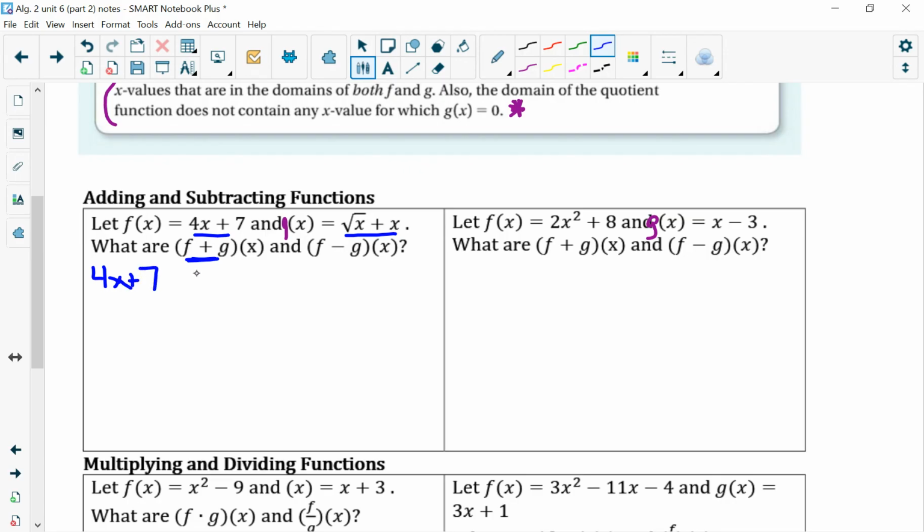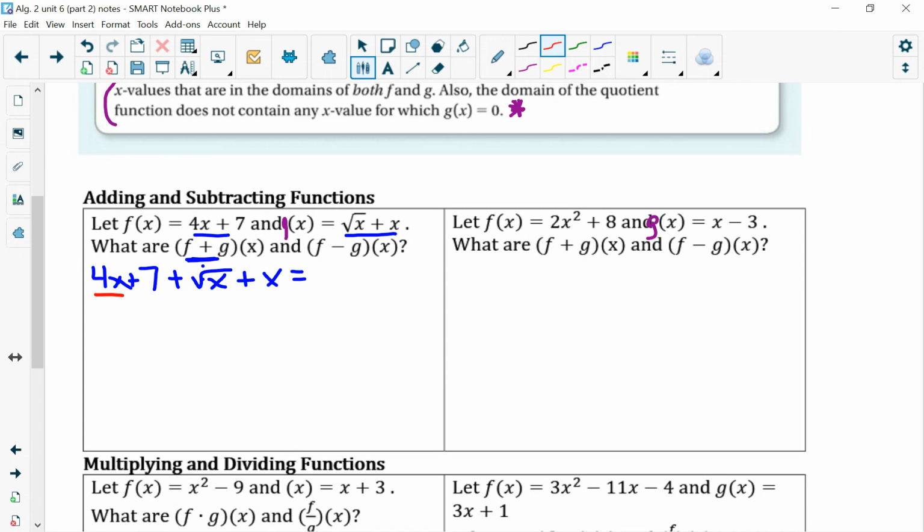There's my f function, and then I'm going to add to it my g function. I just take a look at what I can combine for like terms.